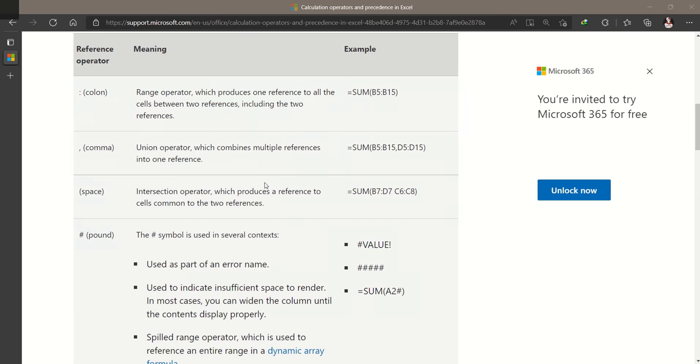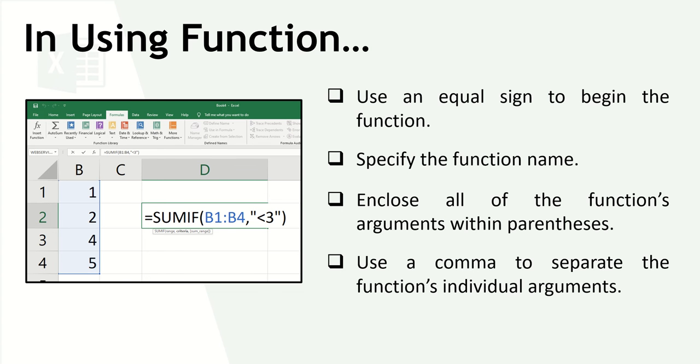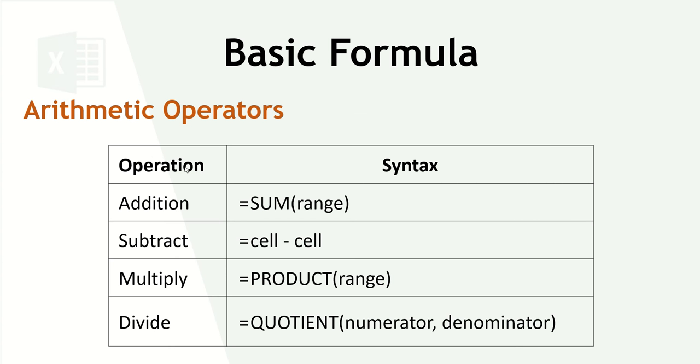Later we'll have different examples. We're going to learn some of these basic functions, rather: the arithmetic functions, using the addition function, the sum function, the product function, and the quotient function.